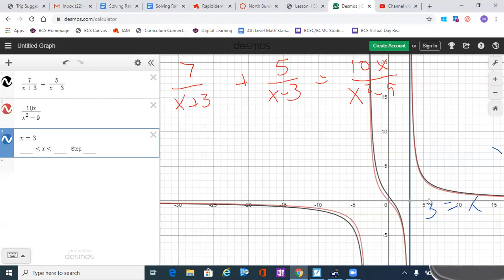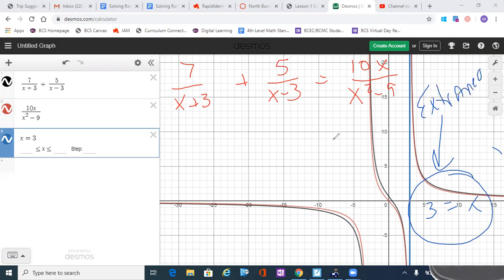So once we've found this answer and we've looked at it graphically, this illustrates the reason why it's so important to look at things graphically as well. We find, hey, this is what we call extraneous. Okay, and that just means that answer actually does not work.